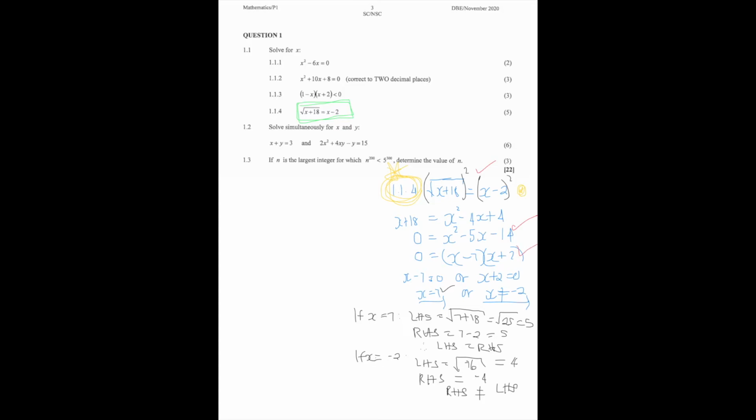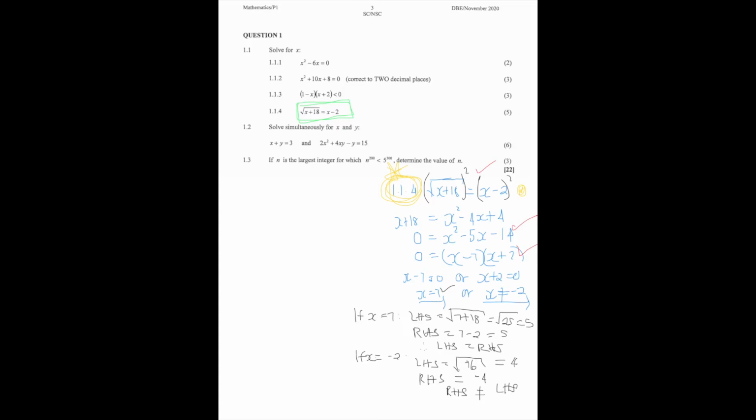If you were using the quadratic formula, your third mark will come from correctly substituting the values of a, b and c, which in this case are 1, minus 5 and minus 14, into the quadratic formula. That's where you'd get your third mark.